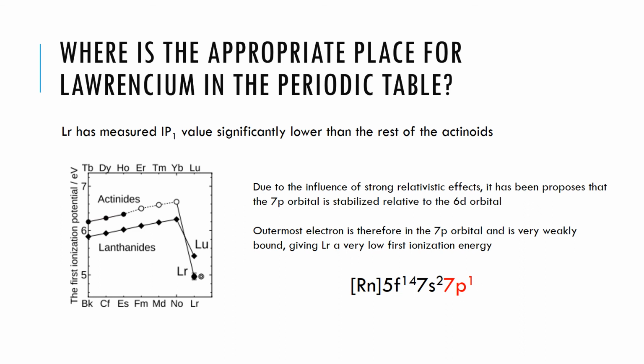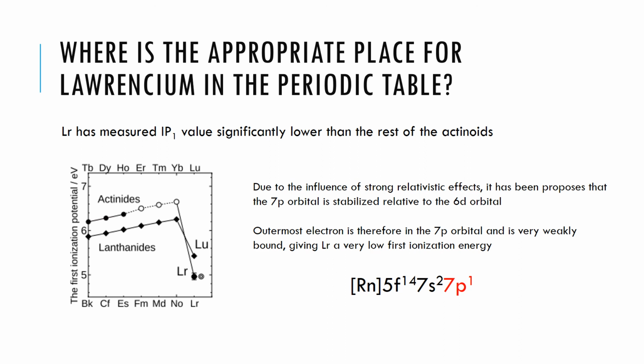Researchers think that this is a result of very strong relativistic effects. It's been proposed that due to relativistic effects, the 7p orbital is stabilized relative to the 6d orbital, and that in fact the true electron configuration for lawrencium is one in which the outermost electron occupies the 7p orbital, and so the 6d orbital is not occupied.